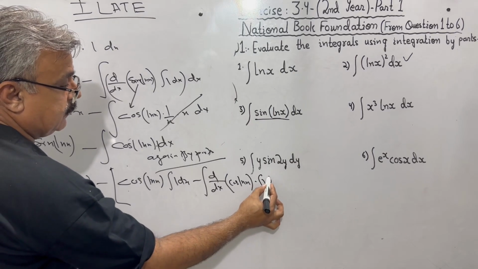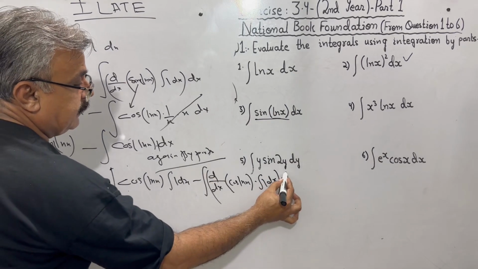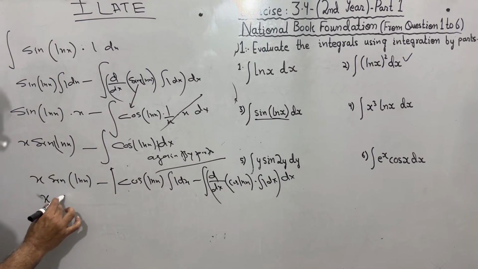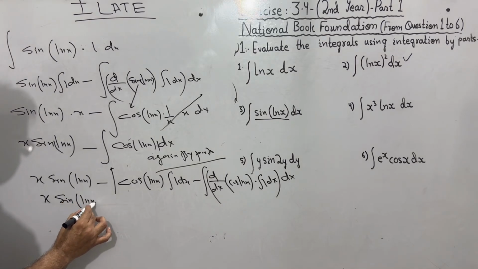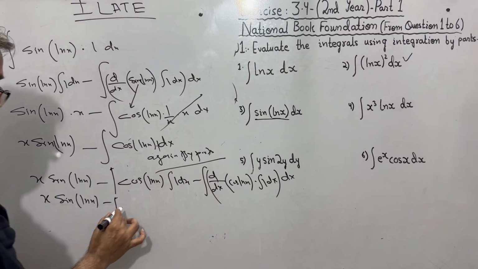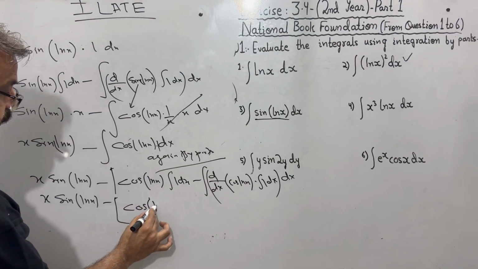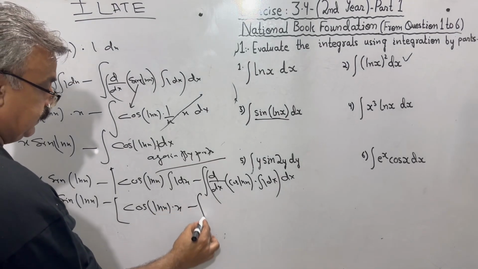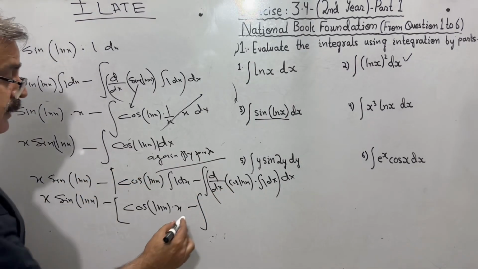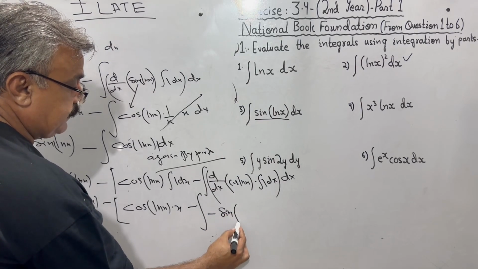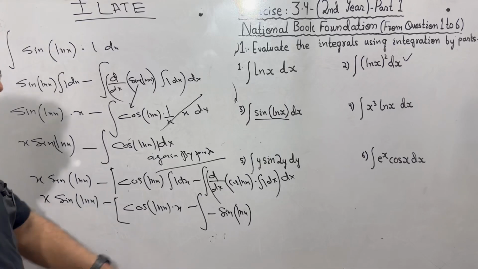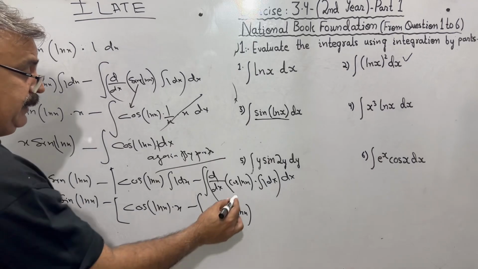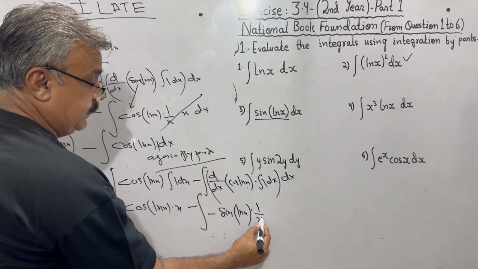Times integration of second, 1 dx, overall integral having dx. Same, x sine having argument ln x, cos same, integration of 1 is x, minus whole integral. Differentiation of cos is negative sine, argument same. Then the differentiation of argument, that is 1 over x.